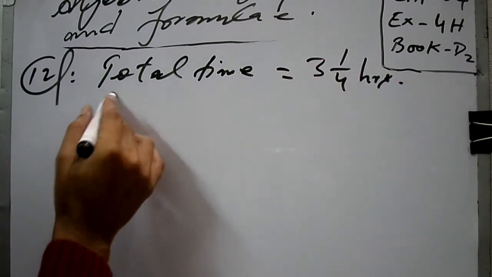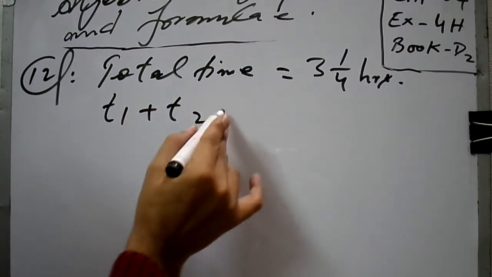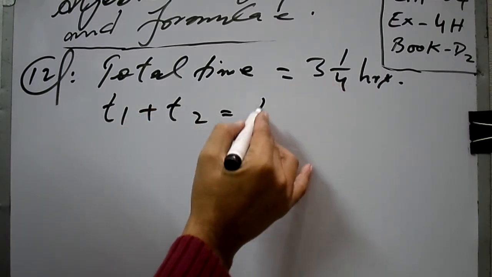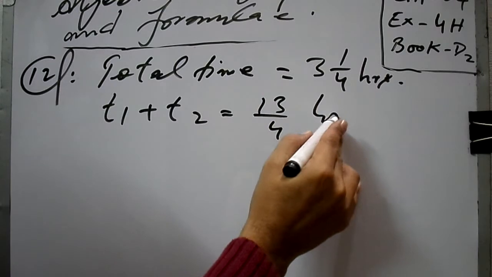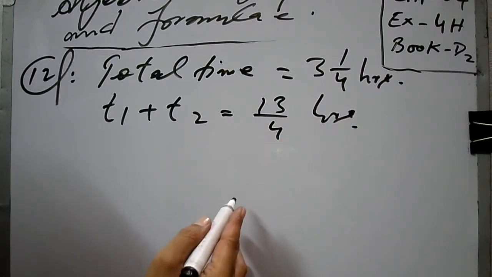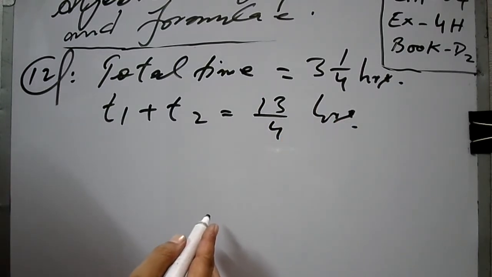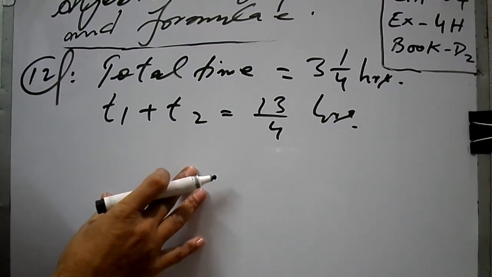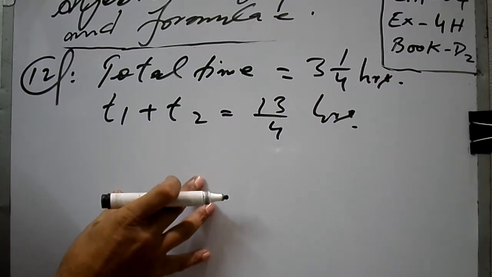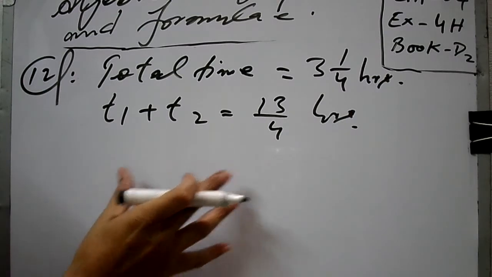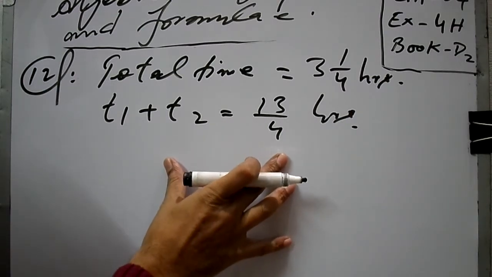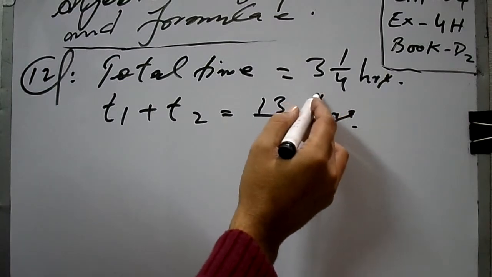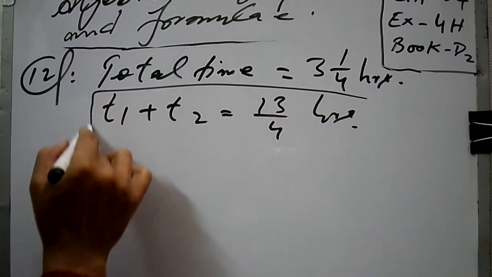So total time T1 plus T2 is equal to 13 by 4 hours, since 4 3s are 12 plus 1.